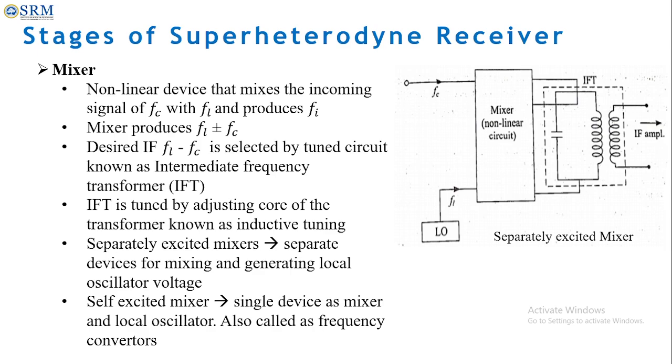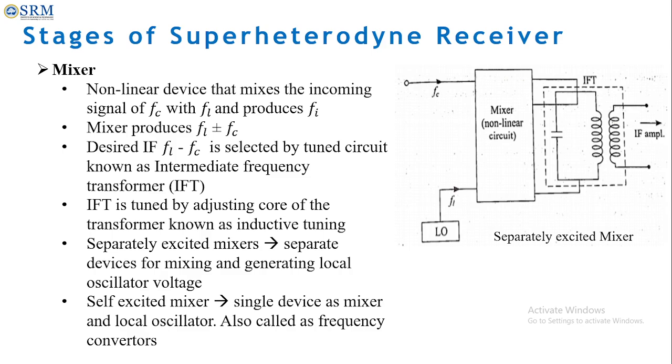The desired intermediate frequency is selected by using a tuned circuit, that is, the intermediate frequency transformer performs this operation using inductive tuning circuits. This is the operation done by the mixer circuit. Here we have the FC frequency and the FL frequency, and we generate the FI, the intermediate frequency, by the transformer.